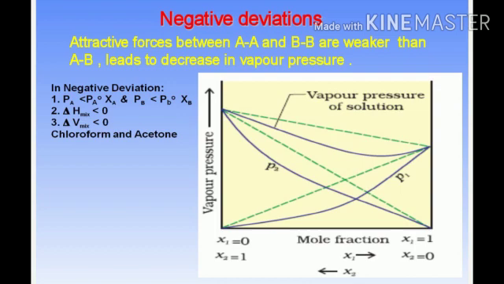And a few examples showing negative deviations are acetone plus aniline, acetone plus chloroform, water plus nitric acid, chloroform plus benzene, water plus HCl. Okay, and in case of negative deviation, a noticeable change is observed in the volume and heat.